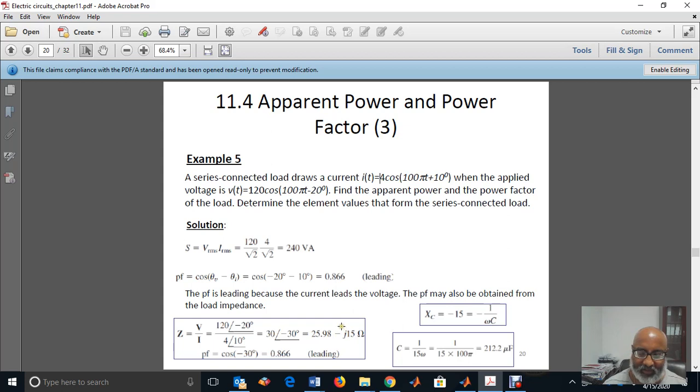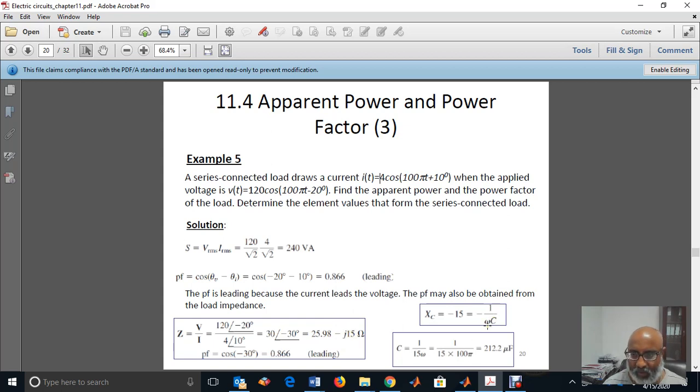Why? Because the impedance of a capacitor, remember, ZC is 1 over j omega C. So when j goes up, it will be minus j over omega C. So, for example, we can find exactly the capacitor value. XC, minus jXC, remember XC is negative 1 over omega C. This is equal to minus 15, the imaginary part here.